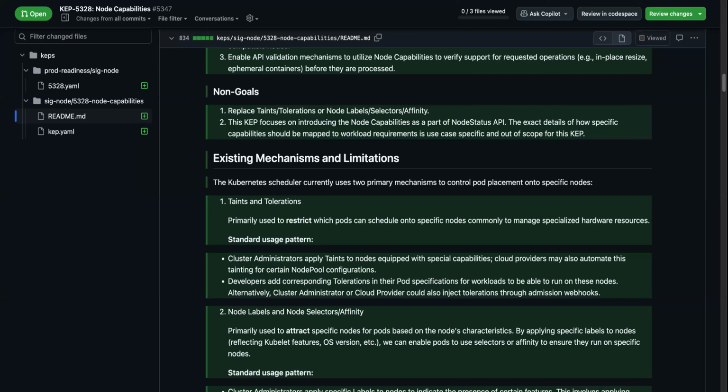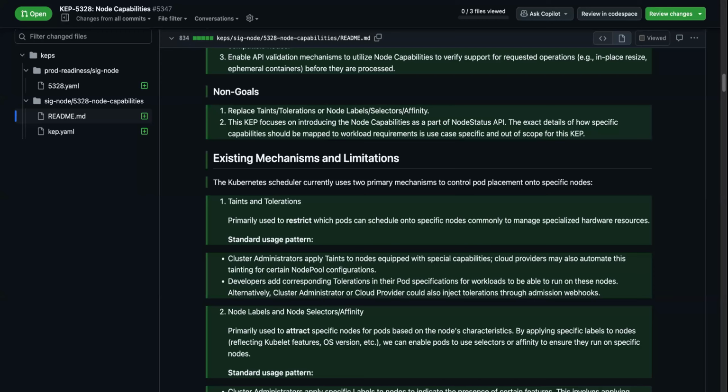So in such cases, unless you have these other mechanisms to make sure the workload is placed correctly, what could happen is that without any visibility on the kubelet features, the scheduler can end up scheduling the pod on a node where the required feature is not enabled.